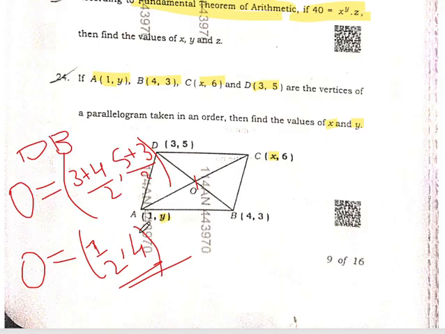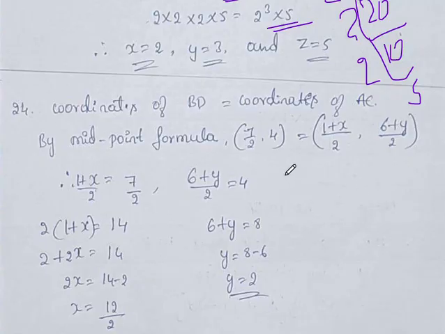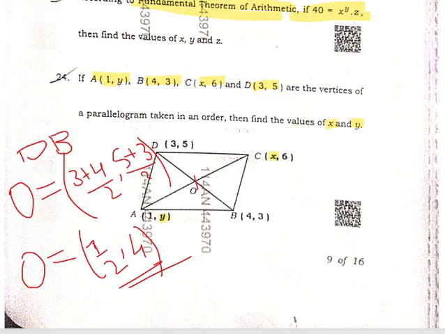What are they given? A is 1 comma y, and C is x comma 6. This is the A coordinate, and this is the C coordinate.